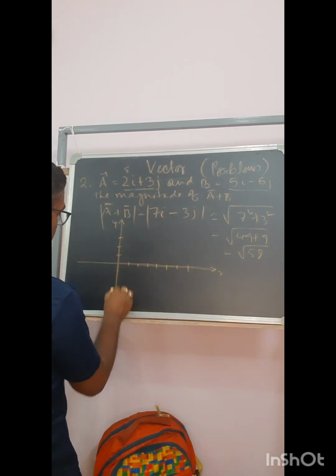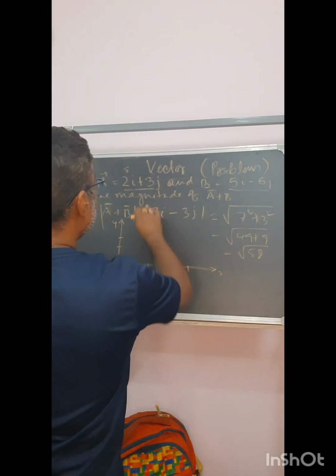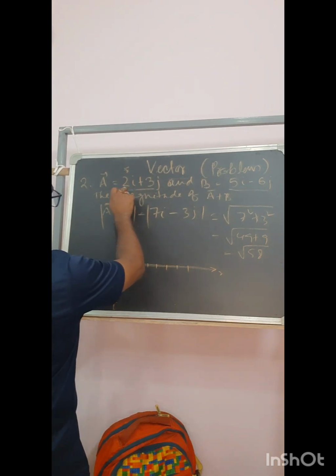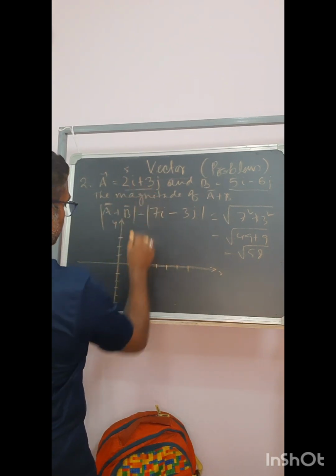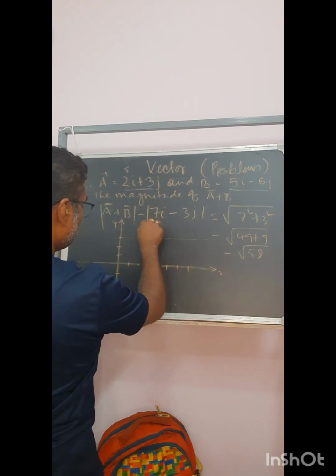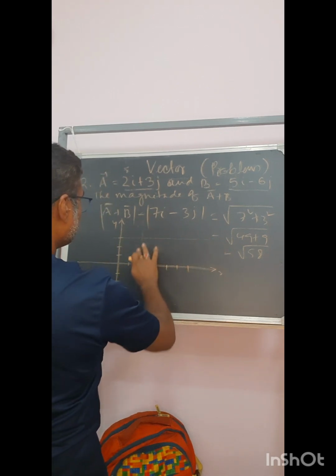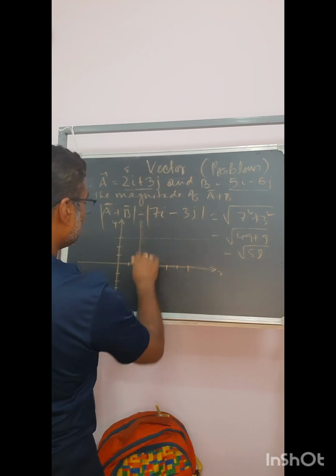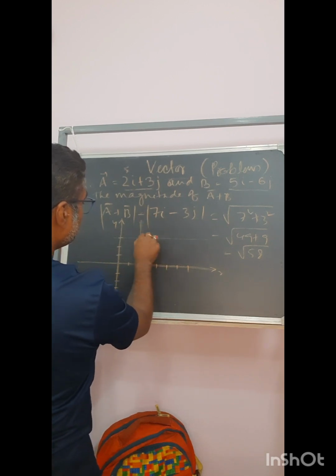So on the other side, let's say 1, 2, 3, 4, 5 and 6. So the first vector, if I say 2, so x will be 2 and y will be 3. So I draw a line accordingly. So this will be the contact point.